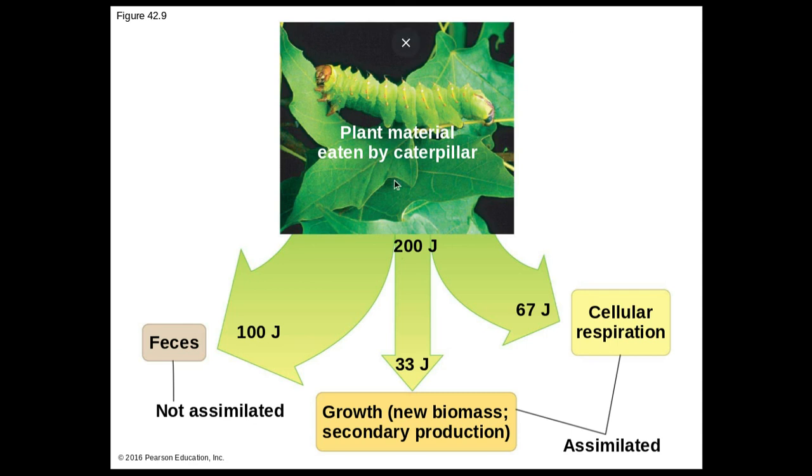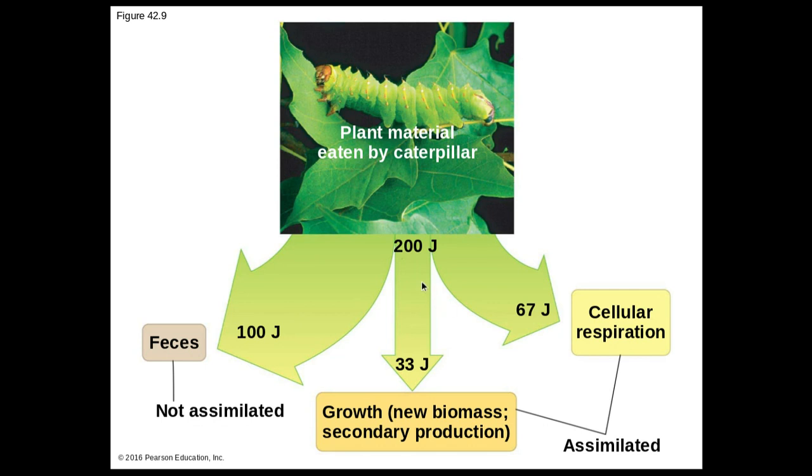This is an example of a caterpillar. If we assume that the caterpillar consumed 200 joules of energy from plant material that it ate, about 100 joules of that is going to go to feces, and this is not assimilated. Another 67 joules are going to be used for cellular respiration, so energy for the organism to do its daily tasks and make ATP.